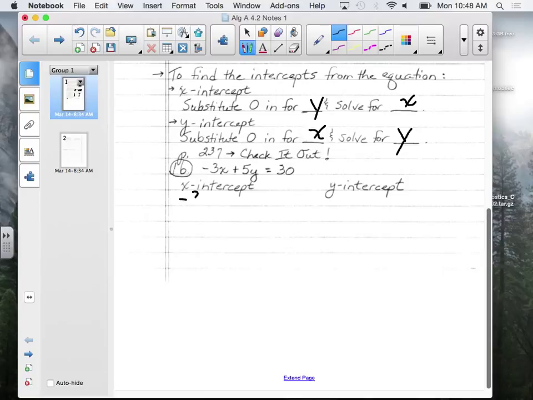So we would rewrite this as negative 3x plus 5 times 0 equals 30. We solve for x, so we just bring everything down, negative 3x plus 0, because 5 times 0 is 0.